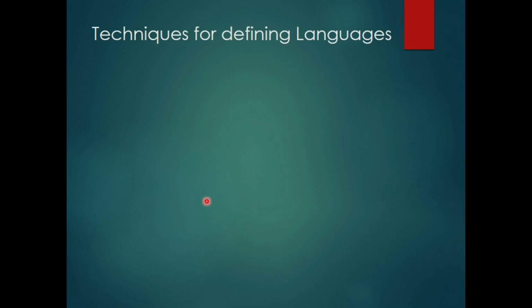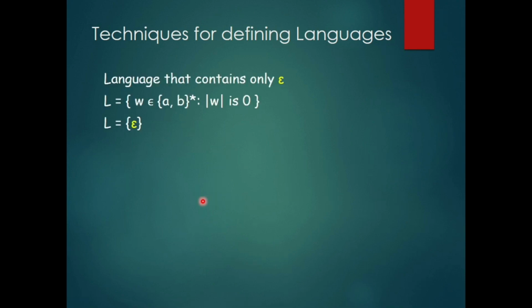Okay, a few more examples. A language that contains only epsilon. If a language is defined in this way, W, which is made up of A and B, and the length of W is 0, what is the only valid string according to the language? It's the string of length 0, which is epsilon. So L is equal to epsilon.